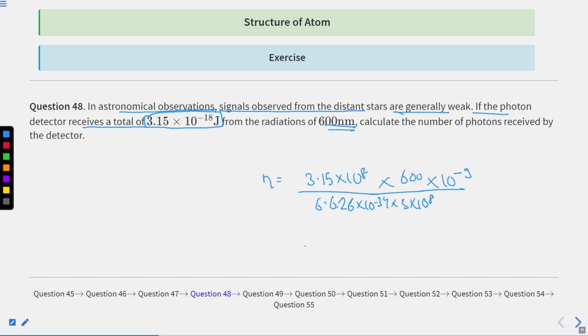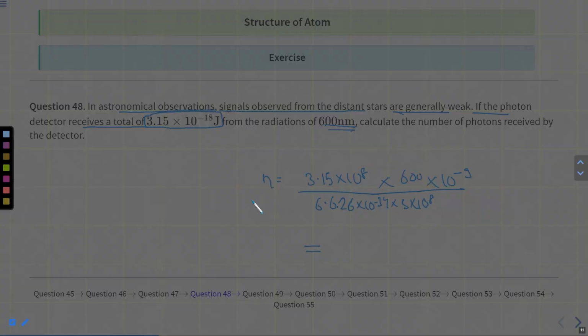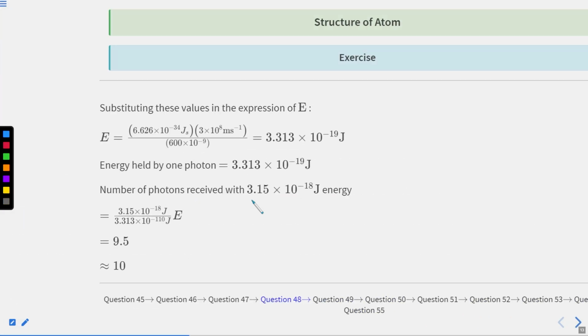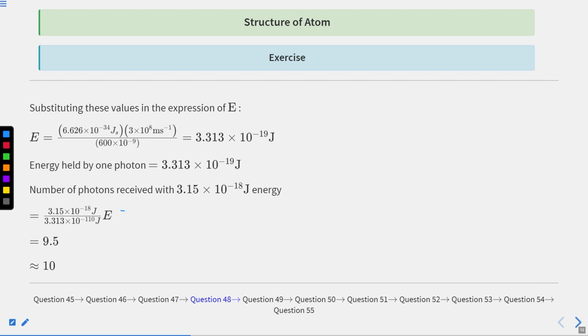You will calculate this value and get your final answer. Clear? First they calculated the energy of one photon alone, and then we have divided the total energy by it.